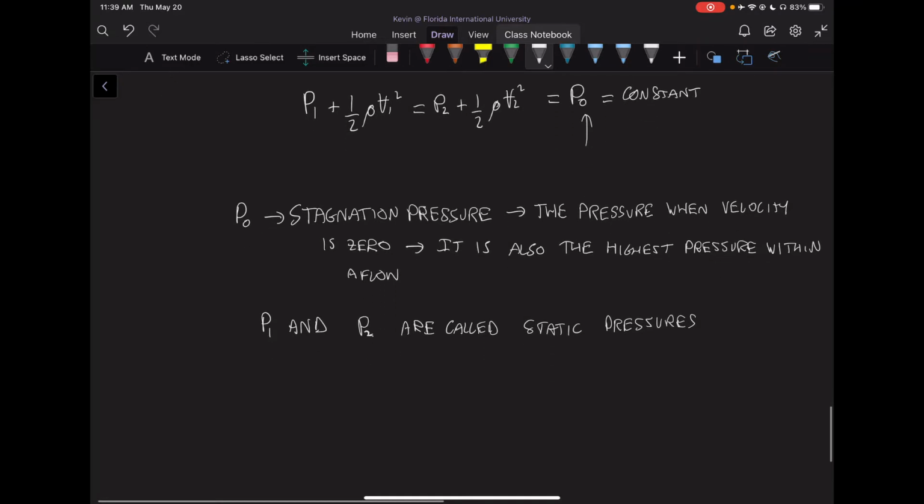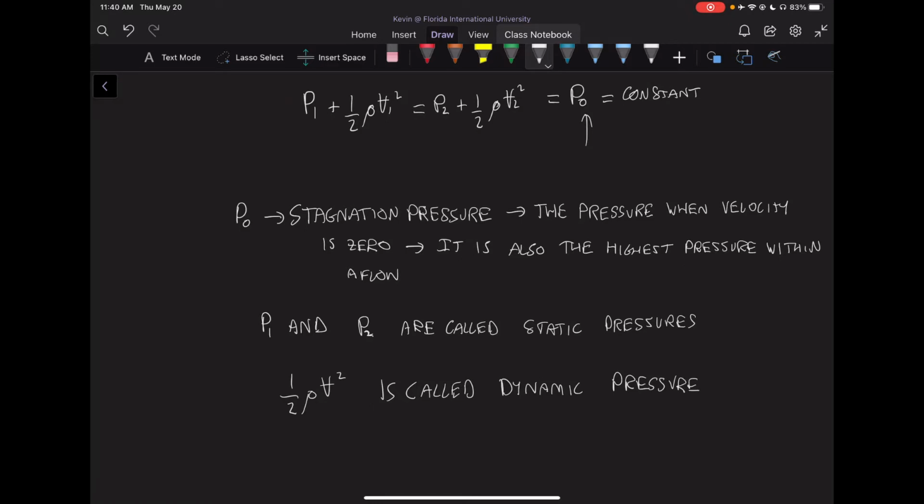And the second term, 1/2 rho v squared, is also in units of pascals, or pressure, and is called the dynamic pressure. It's the pressure due to the velocity of the fluid.